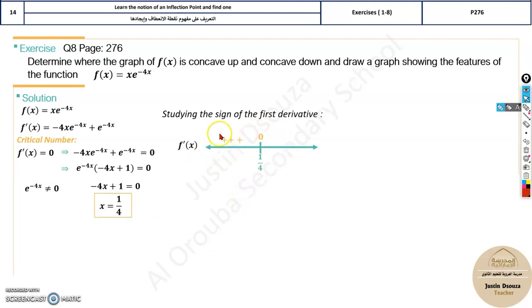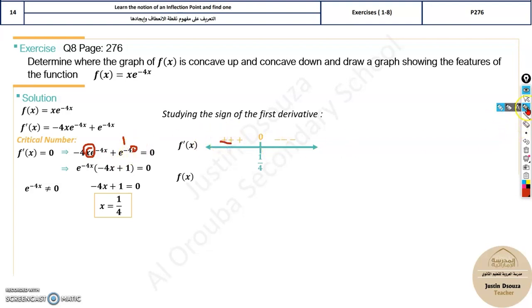Now I hope you remember this very well now, studying the sign of the first derivative, right? Where is the critical number? Over here. So take a value less than that and greater than that and substitute in the derivative. You can use a calculator. Just do this simple substitution, and now if I put 0, for example, because 0 is less than 1 by 4, this term becomes 0 and this is 0, so it'll become positive 1.